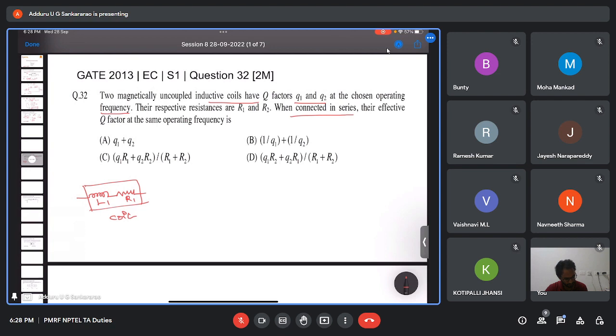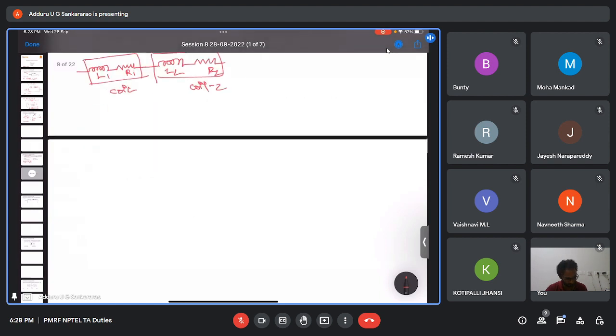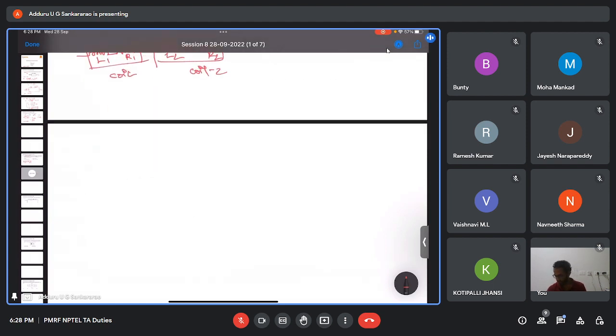And another one, L2 and R2, the second coil. Now they are connected in series, and one more point we have to note down here: they are magnetically uncoupled. If they are coupled magnetically, then we will get a different equivalent inductance. So let us see those things.